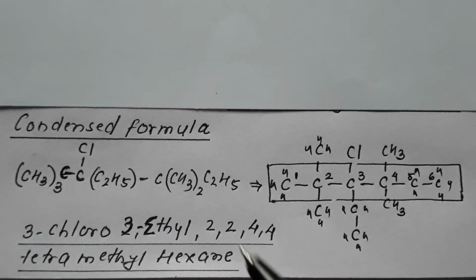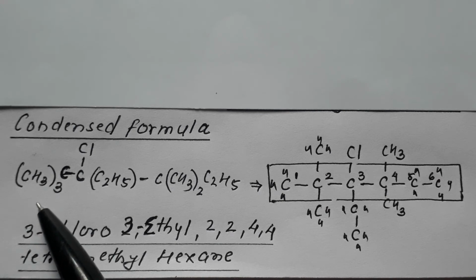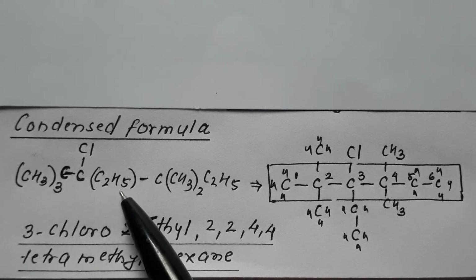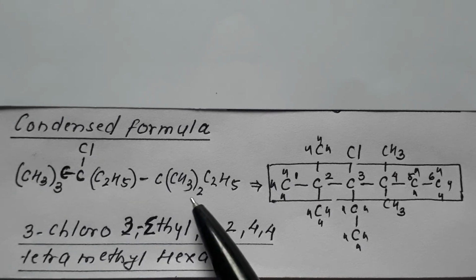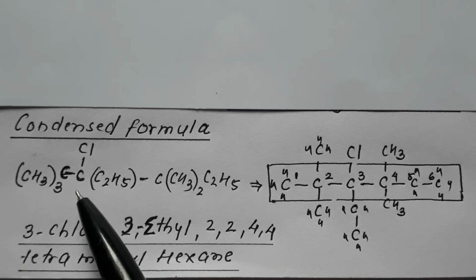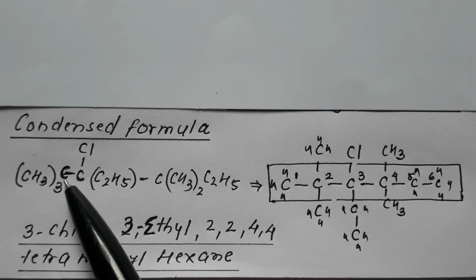Now let us discuss a condensed formula. Suppose a molecule is given (CH3)3C, CCl, C2H5, C(CH3)2, C2H5. So let us expand this. This is a central carbon to which 3 methyl are attached.